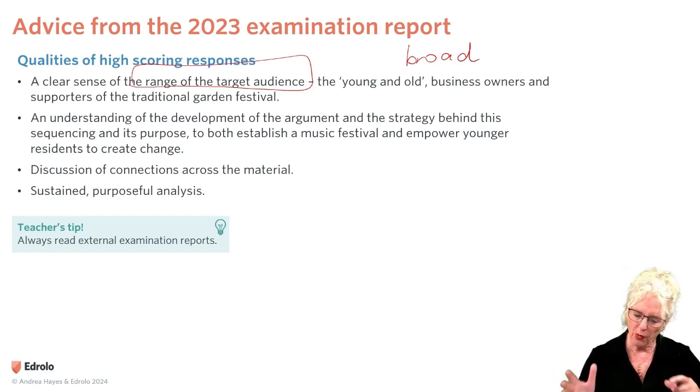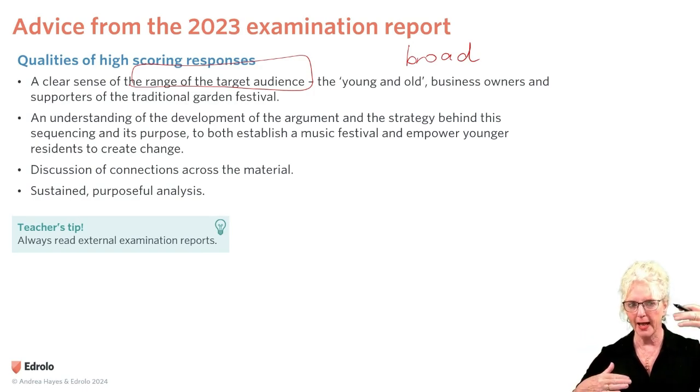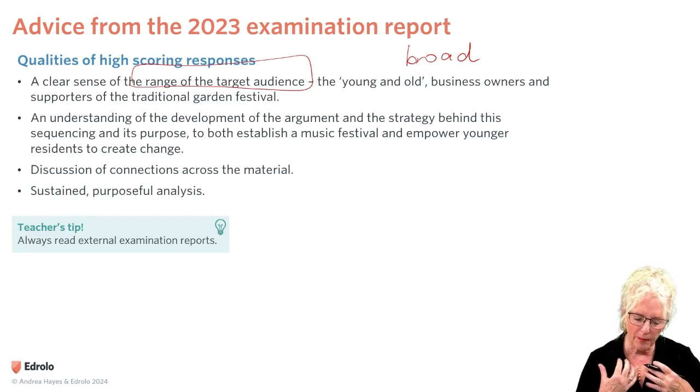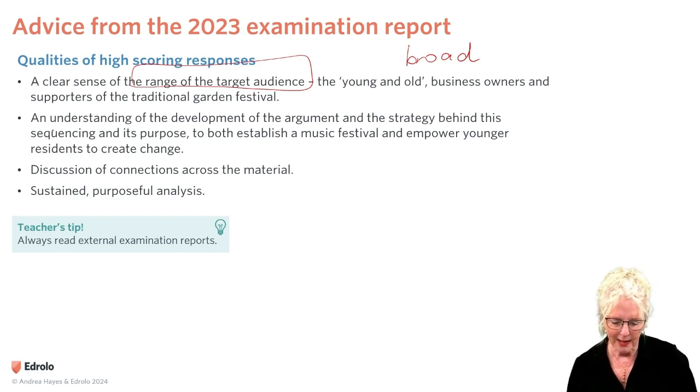So it was a really broad audience, and even though they were a young group, they had to target both, which required, I think, from students looking at it, a little bit of careful reading and reading between the lines. Also, an understanding of the development of the argument and the strategy behind this sequencing.